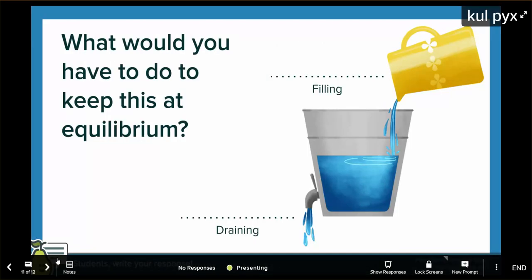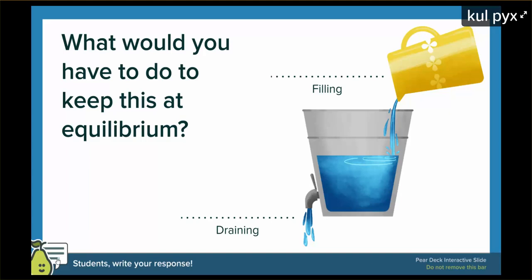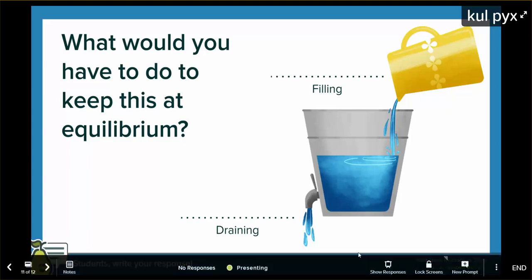Moving on to slide number 11. It says, what would you have to do to keep this at equilibrium? Now, what that means is, again, the rate of the water going in is the same as the rate of the water coming out. Again, it doesn't matter about the amount in here. It's the rate of the stuff coming in as well as the stuff coming out being equal.